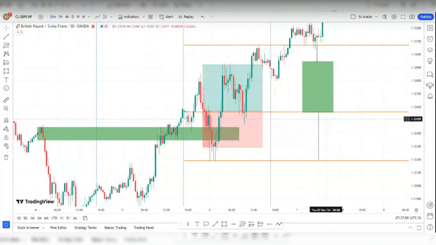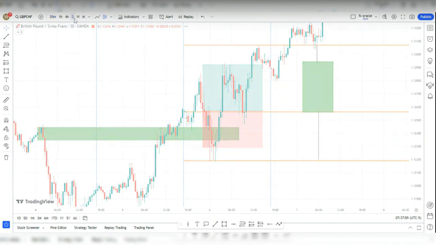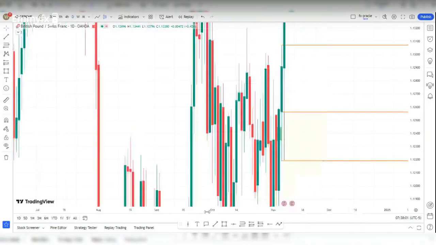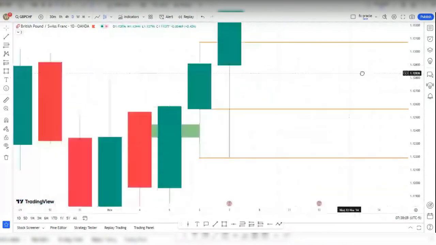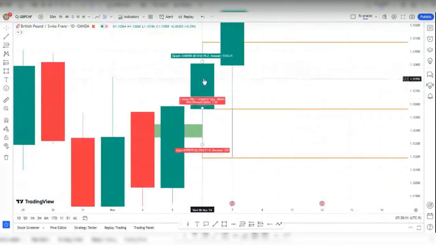Now take a look at this candle that I just drew here. Then let me go to the daily time frame and let's check whether there is any difference in the two candles. All right, this is the candle. Have you seen it? The open, pull down.